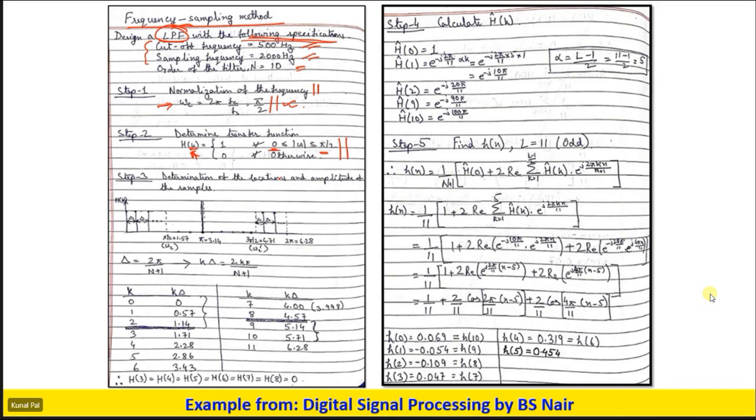We can see that pi by 2 is an important factor. In our last class we have discussed that if our cutoff frequency is say pi by 2, then we will be having the frequency response something like this, from minus pi by 2 to pi by 2.